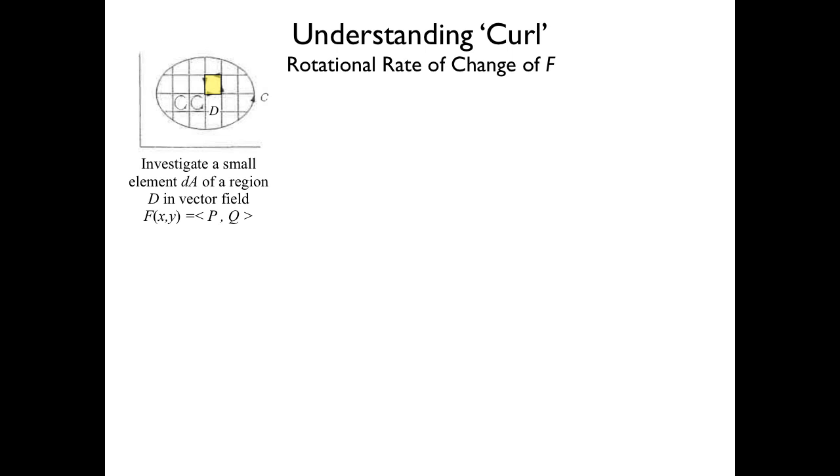P is a function of x and y, and Q is a function of x and y. We're going to blow this up, meaning make it larger, not destroy it. There's our little element, and its dimensions are dx by dy. That's one little element of our region D.